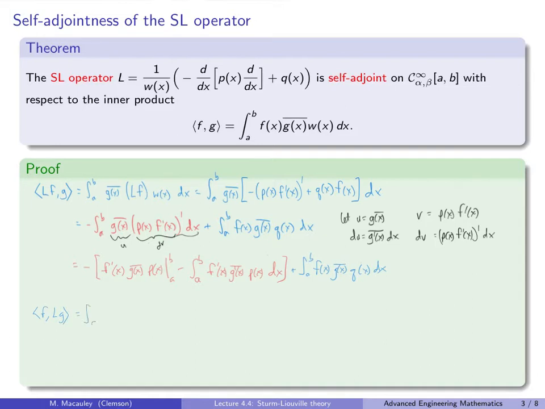So this proof is really just integration by parts. It's messy, but it's not that complicated. What's going to happen is basically this term is going to be the same, this term is going to be the same, and the only difference is this term, where you swap the value of f prime and g bar, and that's going to cancel because of the boundary conditions.